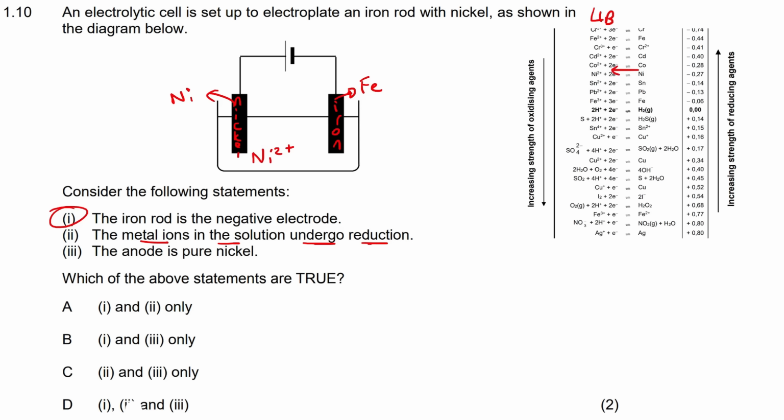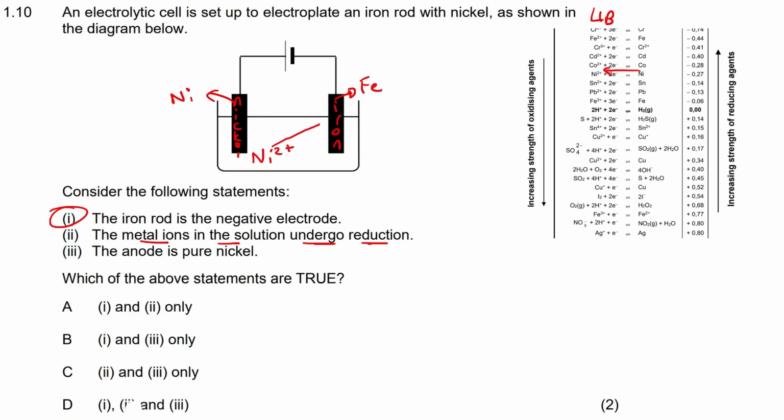And then those nickel 2+ ions are now in the solution, and they can then move across to the iron over here, and then they will react backwards and become nickel again. So for this part, the nickel's literally going to go that way so that it can convert into the nickel ions.